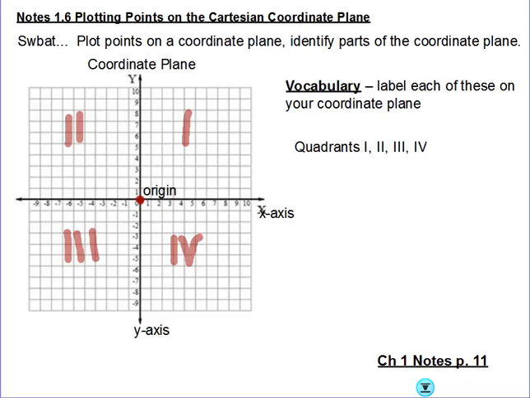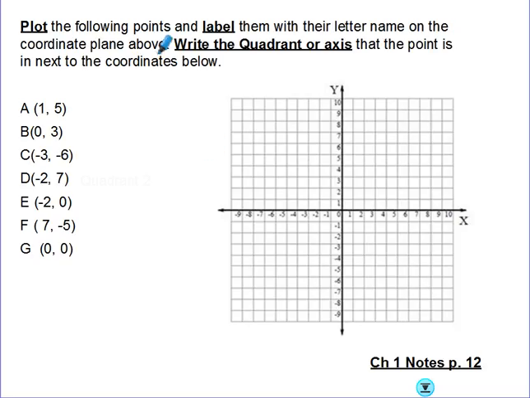Now I want you to go ahead and plot some points on the next page. So flip your page over. Alright, so we're going to plot these points and then we're going to label them. So it's important. It says plot and label them. Then we're going to write the quadrant or axis that each point is in. Alright, so A is at 1, 5. So it's important that you understand that the first coordinate is x and the second coordinate is y.